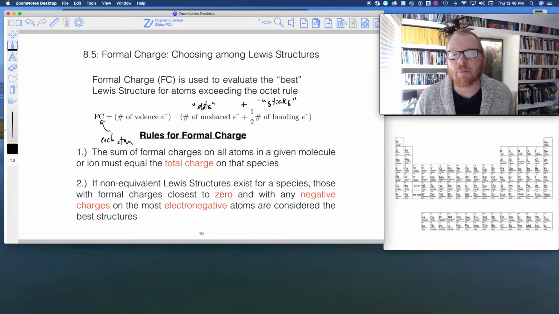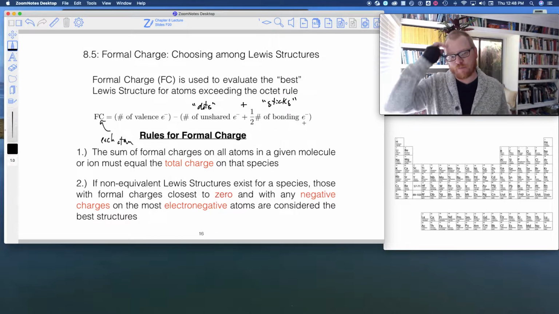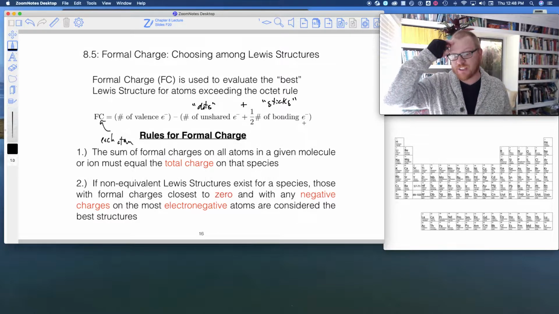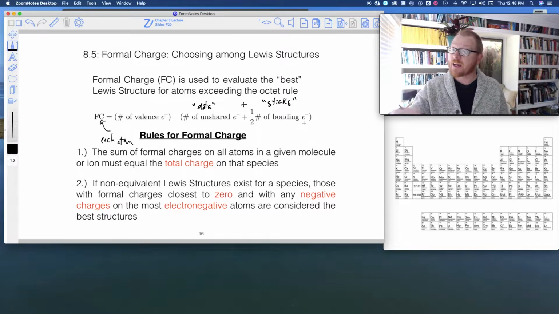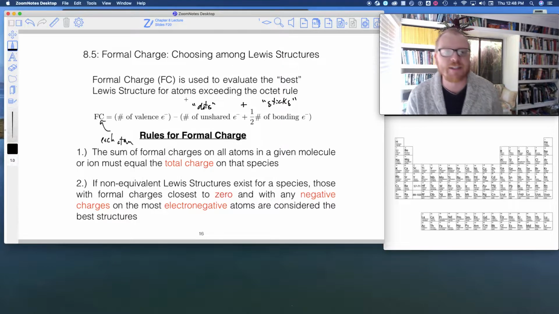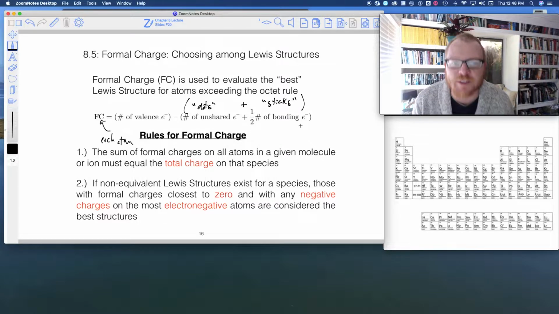Because 1/2 the number of bonding electrons just gives you the number of bonds, since there are 2 electrons in each bond. So you're really just counting up the dots plus the sticks. Valence electrons minus, and this is all in a parentheses together so we get that negative sign distributed correctly: number of valence electrons minus dots plus sticks.